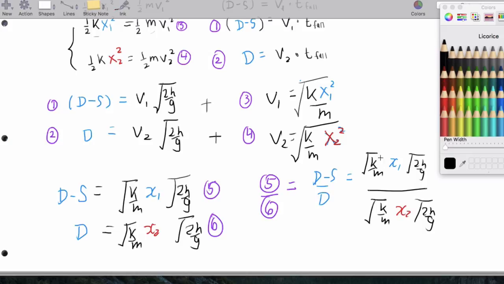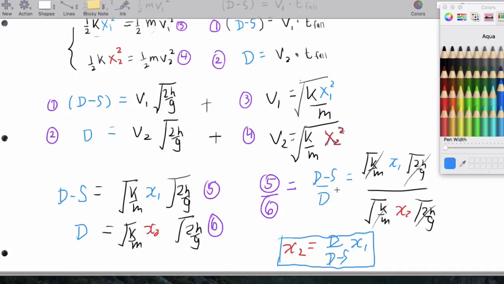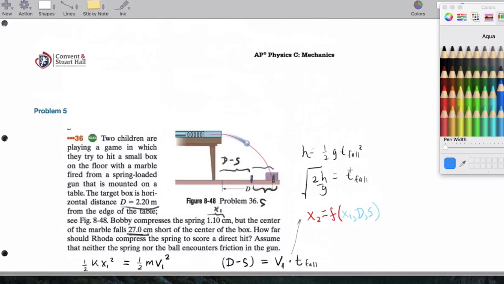And then we get all this nice cancellation. And so what we're going to end up getting is that x2 equals d over d minus s times x1. And that is the answer that we were seeking for problem number 5.